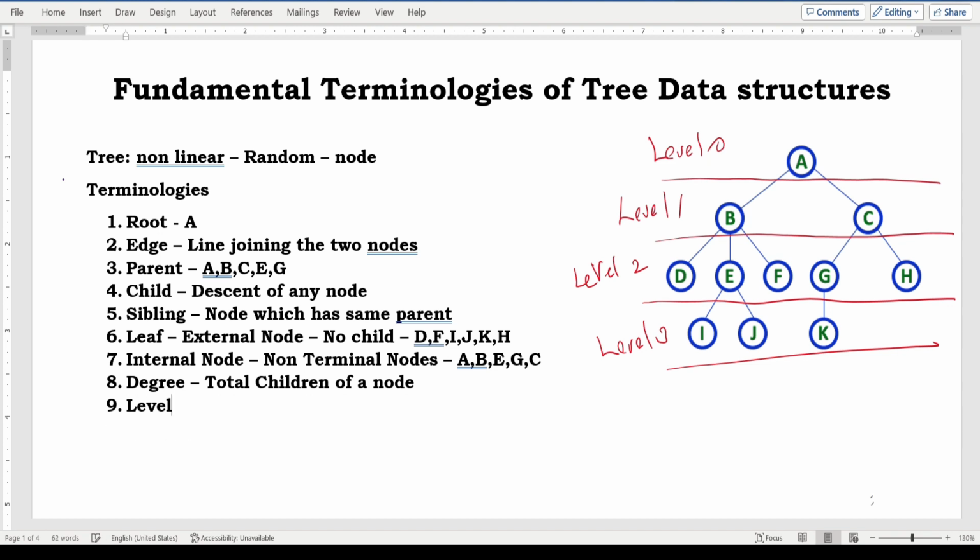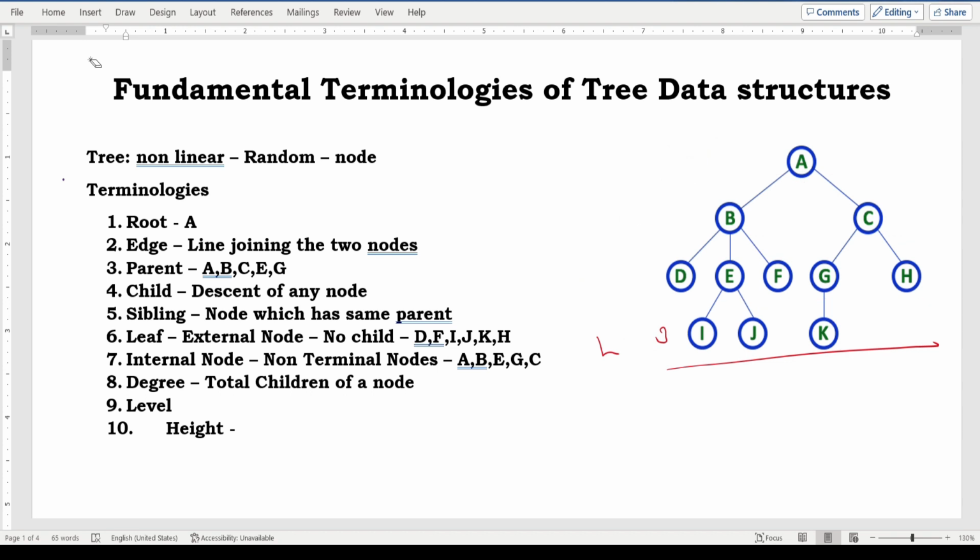Number 10 is height. The total number of edges from the leaf node to a particular node in the longest path is called the height. This is a little tricky to understand.